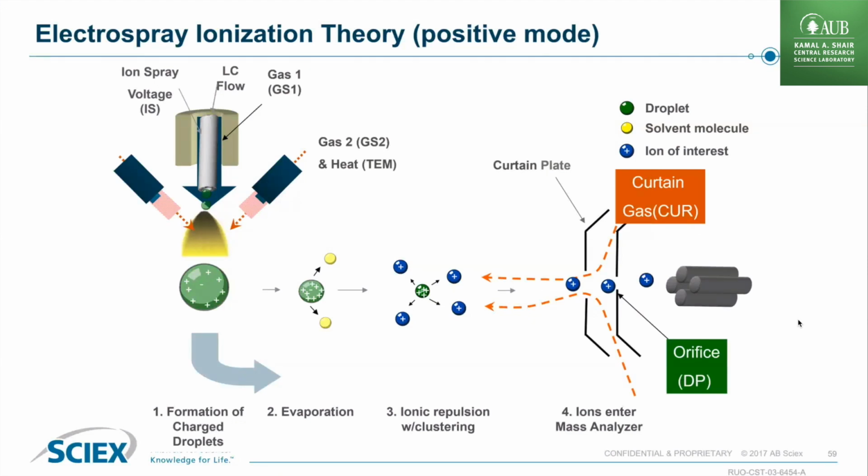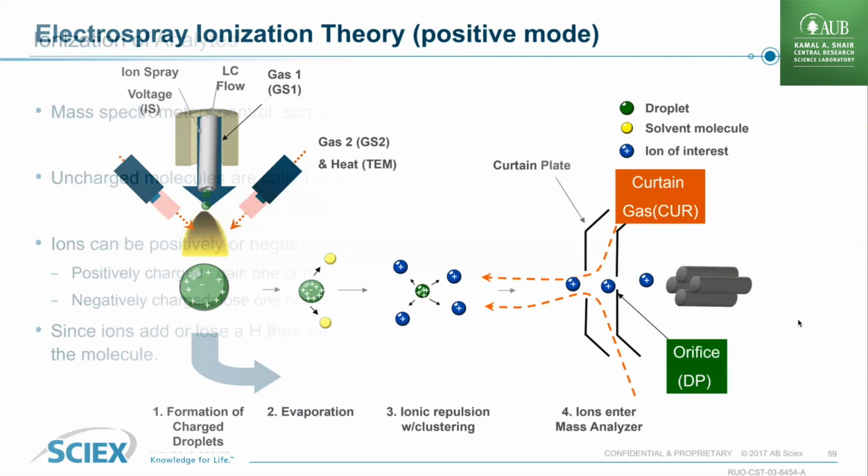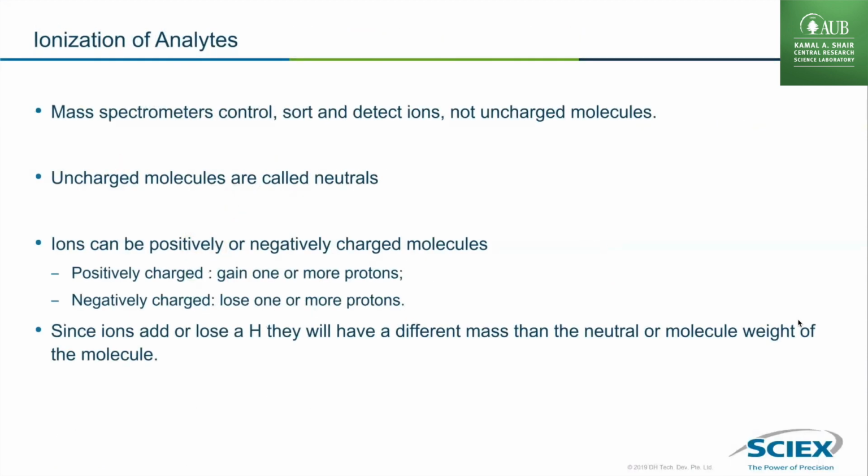So this is a really powerful technique. It ionizes many kinds of molecules. And it is really great for biological molecules, which I think is the reason you purchase the instrument, in a very wide scope, to analyze biological molecules.